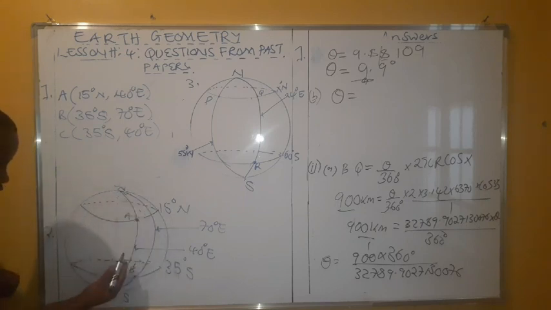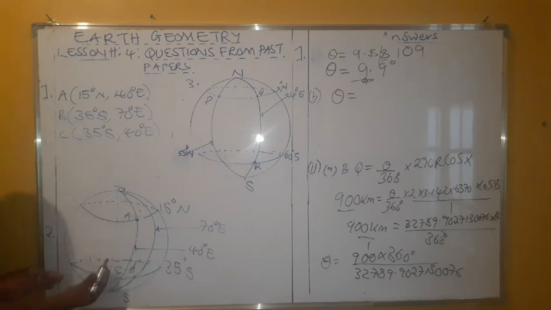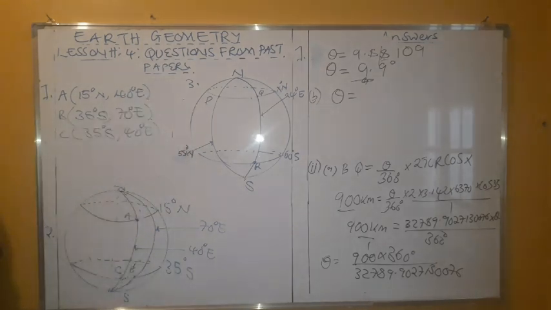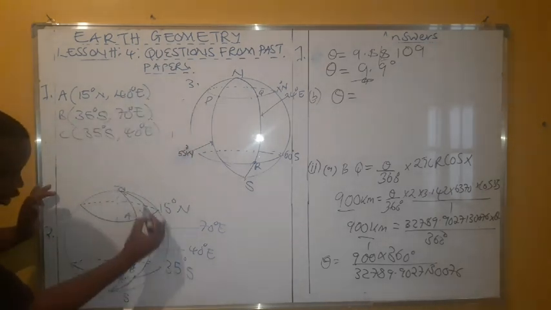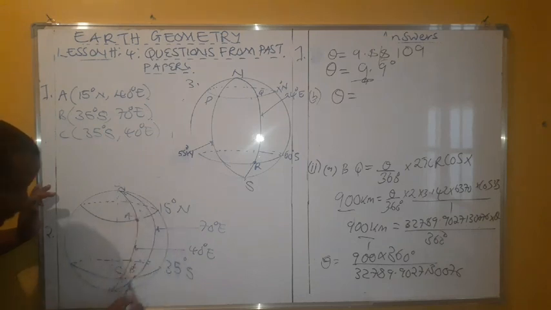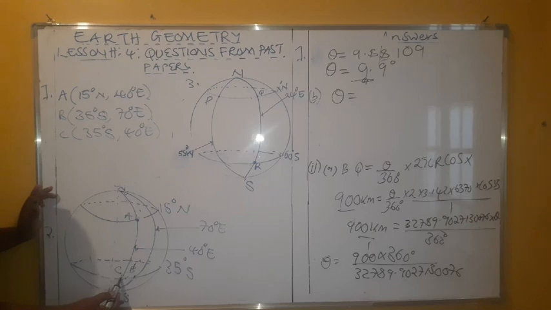If it is in between or somewhere here, then the degrees for Q will be less than the degrees for B in terms of longitude. So we say this longitude minus the longitude for Q gives the difference in longitude, which is theta. So we say the longitude for B, which is 70, minus the longitude for Q, which we don't know.